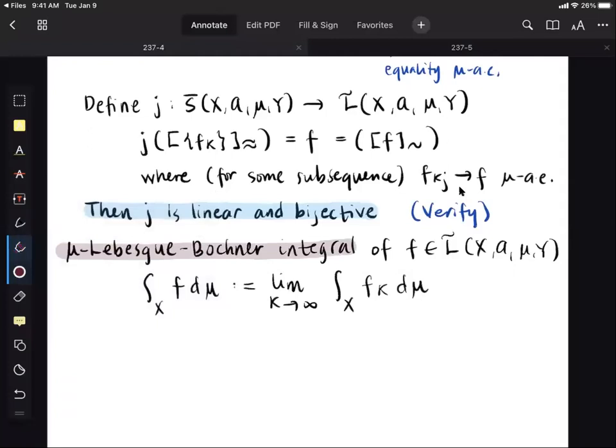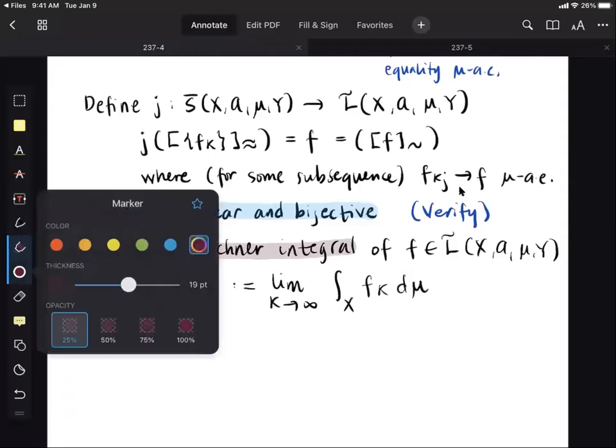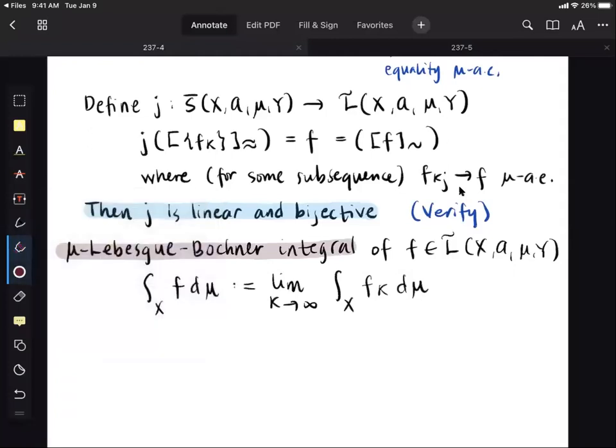This f sub k here is the one corresponding to this equation.